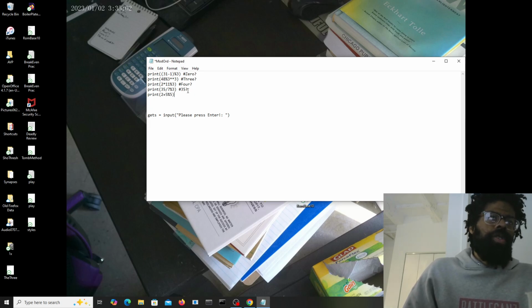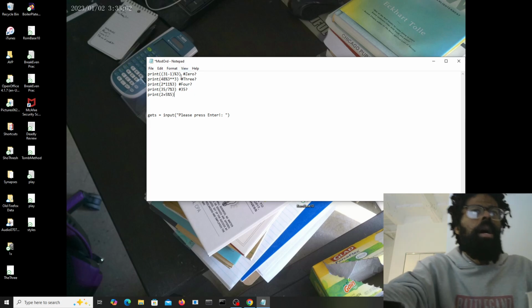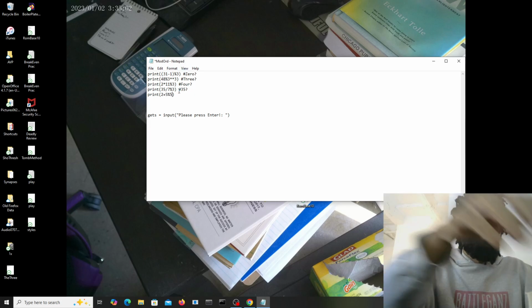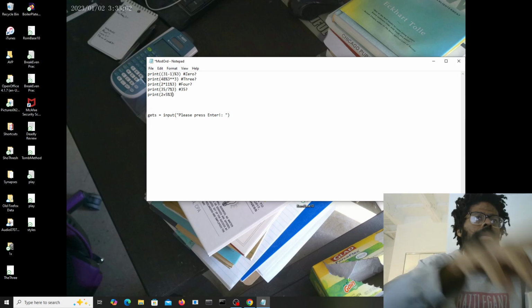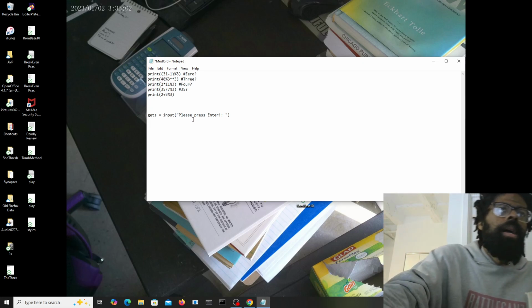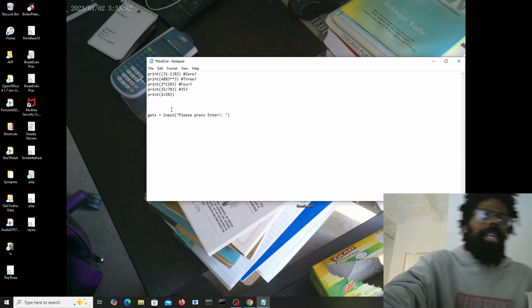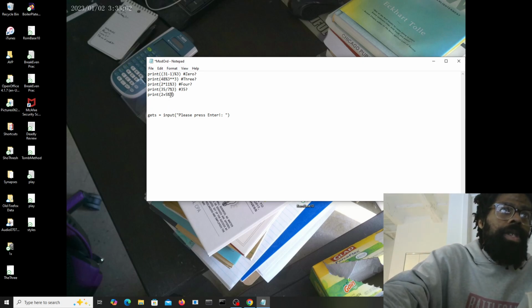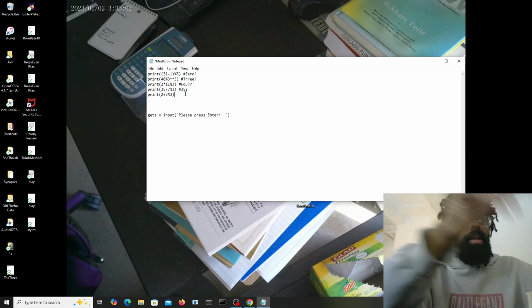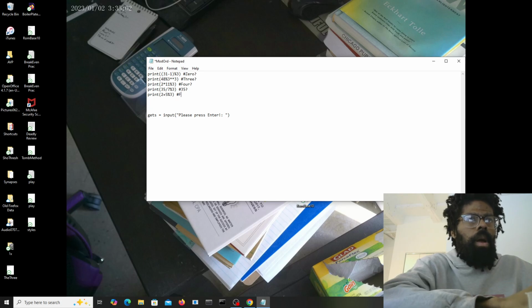If the addition goes first, it's still 2, so I've got to change it up. 1 times 2 plus 5 modulo 3. The answer would be 1 if the addition goes first, and if the modulo goes first, the answer is 4.